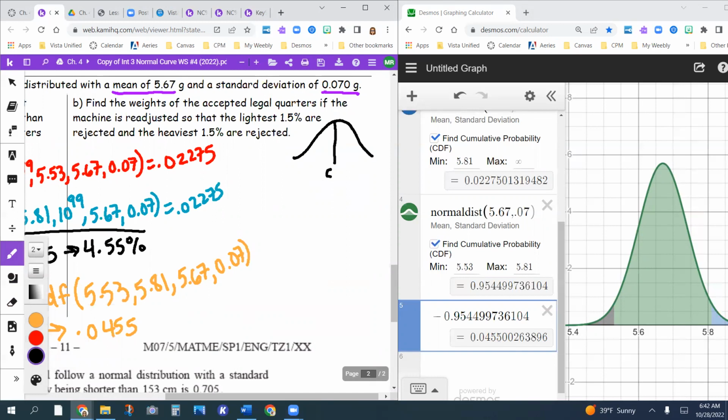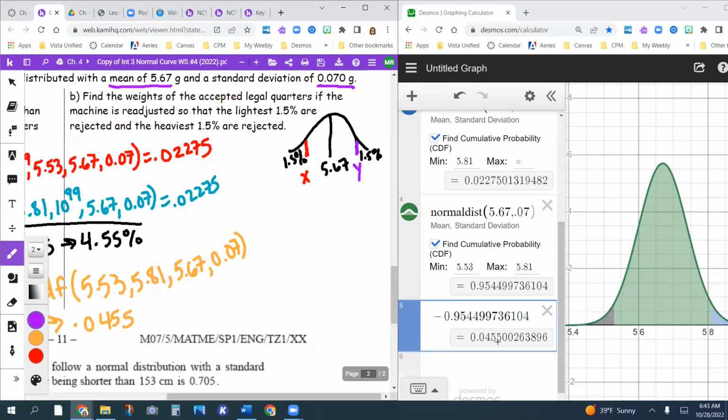My mean is 5.67. I want the bottom 1.5% and the top 1.5%. So I'm trying to figure out this value and I'm trying to figure out this value.